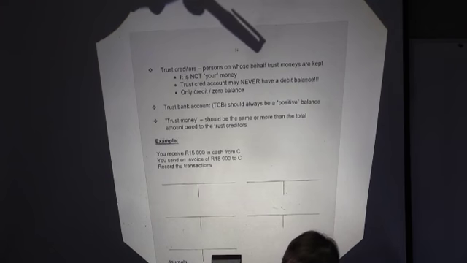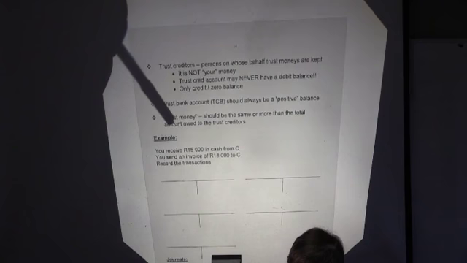Ladies and gentlemen, if we move over to slide number 14, just also to repeat, trust creditors, those are the people that you receive money from and it's not your money, and a trust creditor's account may never have a debit balance and there should only be a credit balance.